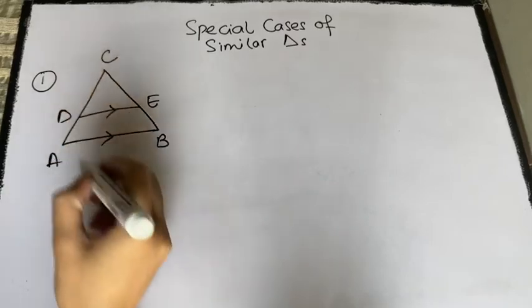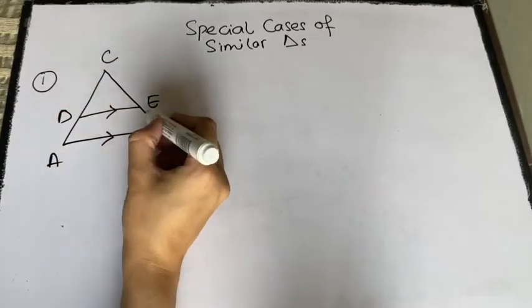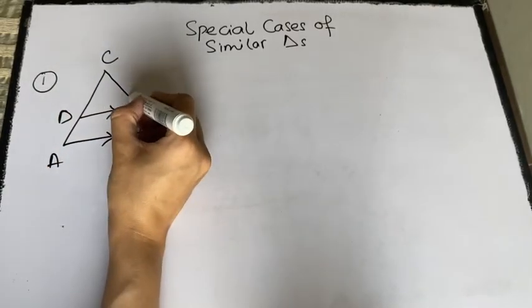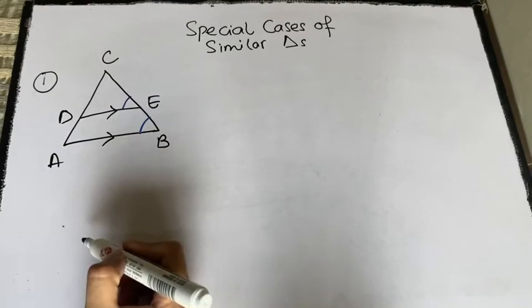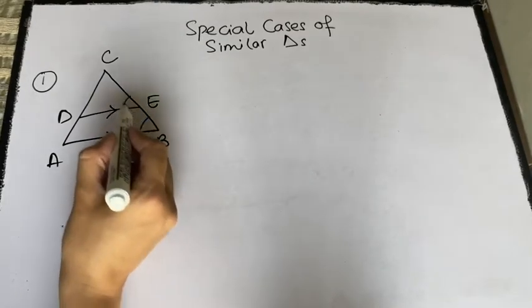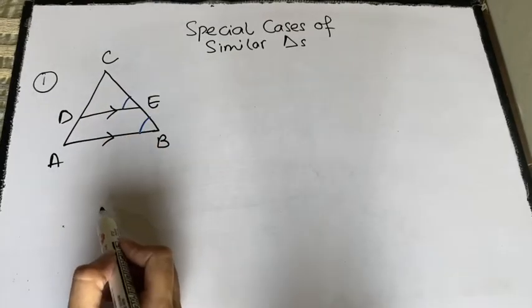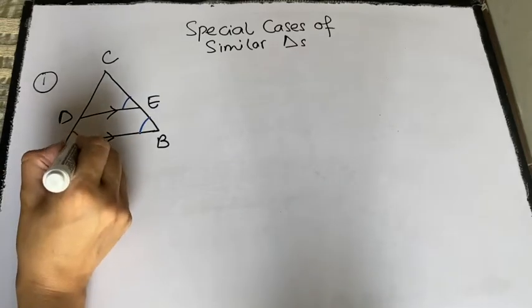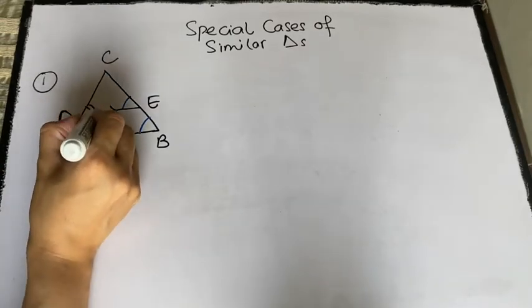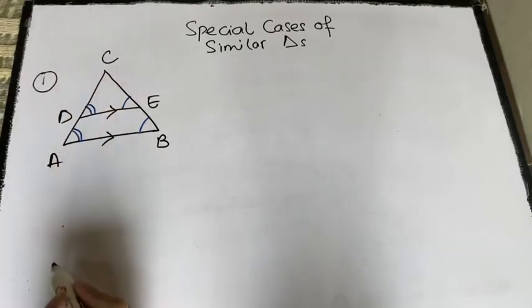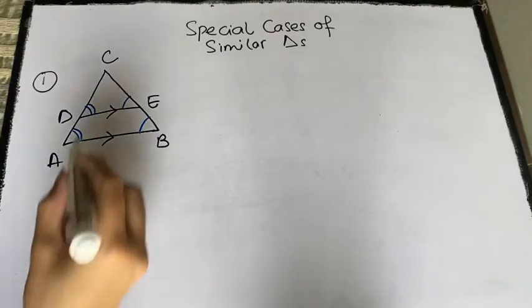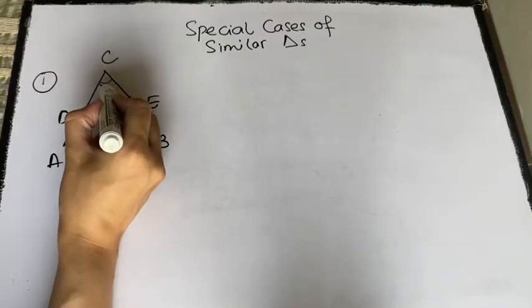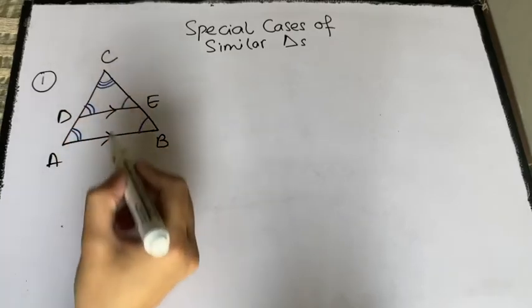If you look here, these two sides are parallel, then you can write that this angle is equal to this angle. Why are these two angles equal? Because these angles are corresponding angles. This angle is equal to this angle because these two angles are corresponding angles. And this third angle is a common angle in both the triangles.